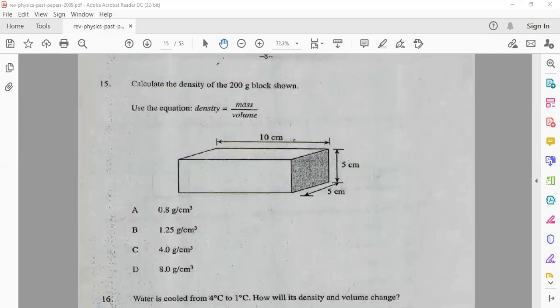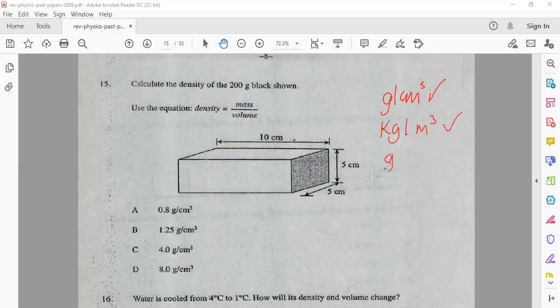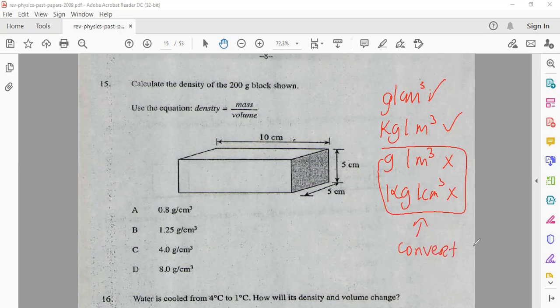If you're given grams and cubic centimeters, no need to convert. If you are given kilograms and cubic meters, you're good. Now, if you're given grams and cubic meters or kilograms and cubic centimeters, then you're going to need to convert those. So just check your units first, but usually you won't be given a question that tries to trip you up like that.